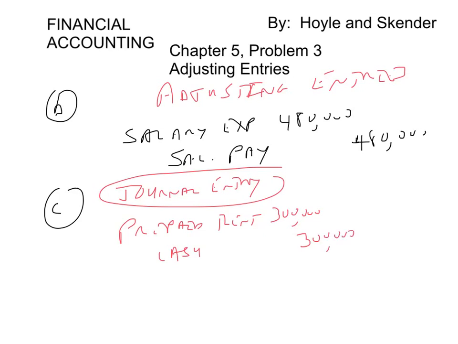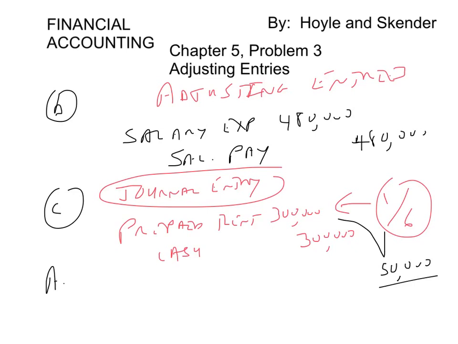Now, 1 month out of 6 has passed, so 1/6 of that $300,000 has now been used up. The future value has become a past value. So we take 1/6 of the $300,000, and 1/6 of the $300,000 is $50,000. And we take that out of the asset account and put it to an expense account.